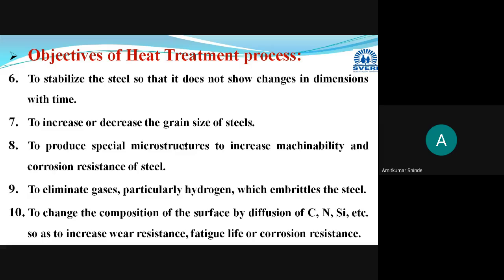How to change these compositions we will discuss in detail in the surface treatment or surface hardening processes. If you introduce carbon, that will be the carburizing process. If you introduce nitrogen on the surface of the steel, it will be the nitriding process. If you introduce carbon and nitrogen both, it is termed the carbonitriding process.